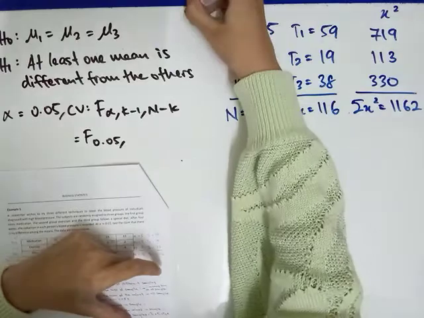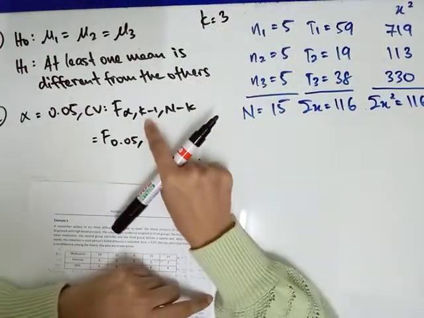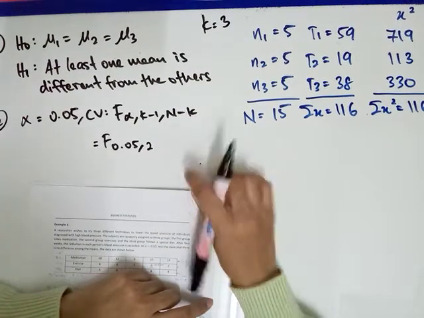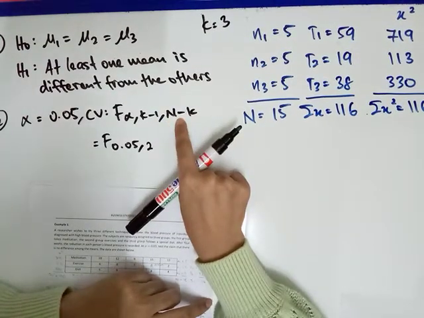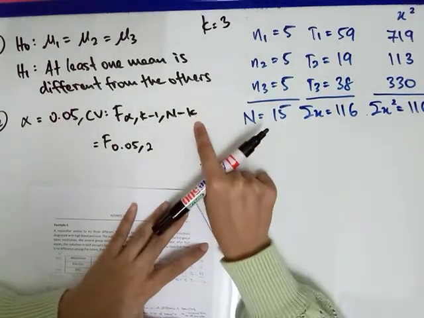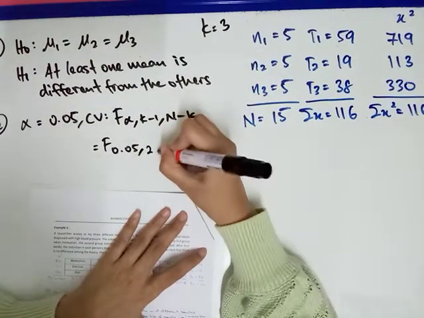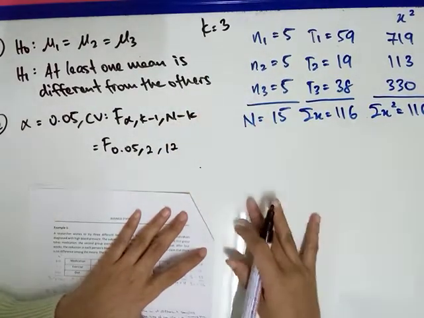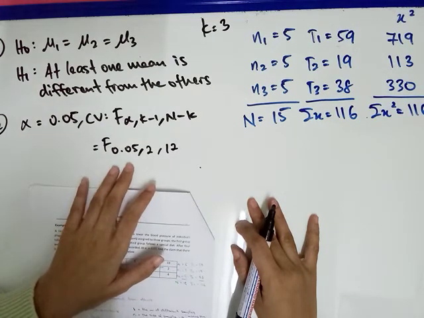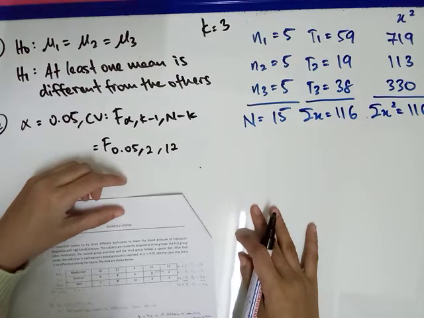K is 3, so 3 minus 1, you get 2. And then capital N minus k, we know that capital N is 15 here. So 15 minus 3, you get 12. So this is how to find the critical value, using the F test distribution.